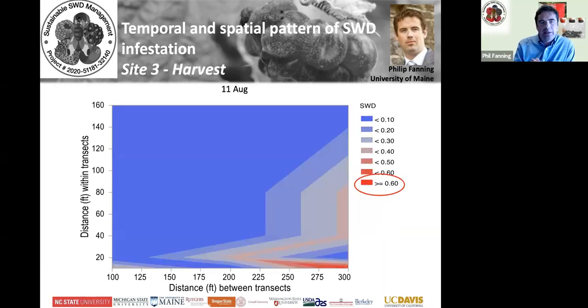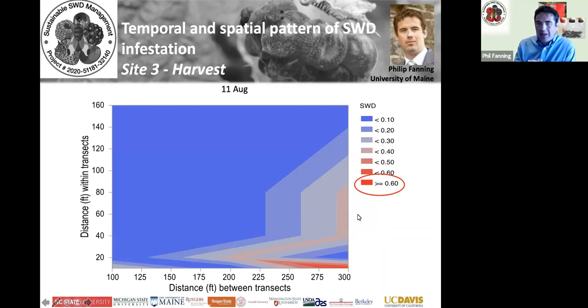Then the next slide is our third site that we're highlighting here. So this was a treated site, and this was the last sampling at that site. The grower had already stopped spraying associated with spotted wing Drosophila because of the pre-harvest intervals in those sprays, and some infestation had snuck in.